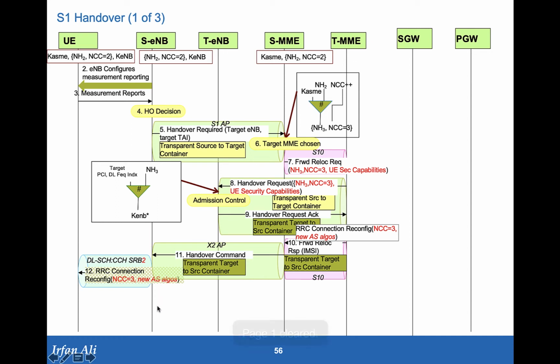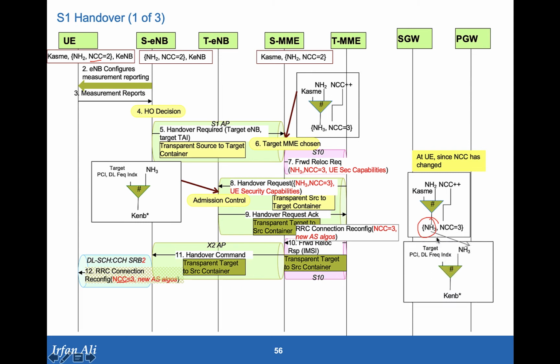And just like we had in the previous case, when this NCC comes over to the mobile, it knows that previously it had NCC 2, does vertical key generation, creates NH3 based on K ASME, and then uses NH3 to create the K eNode B star, which is exactly the same as what the target eNode B has computed. So that's what's going to be used between them. And now comes the case of the PDCP, and it'll detach from the old cell to sync to the new cell.